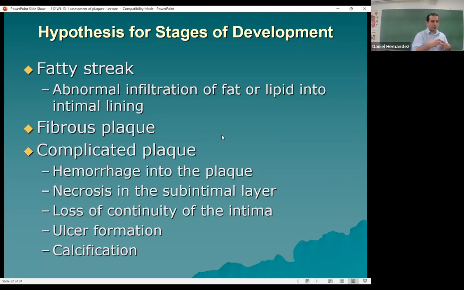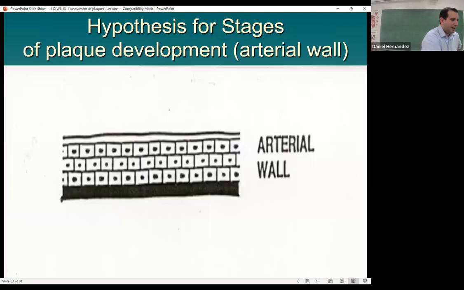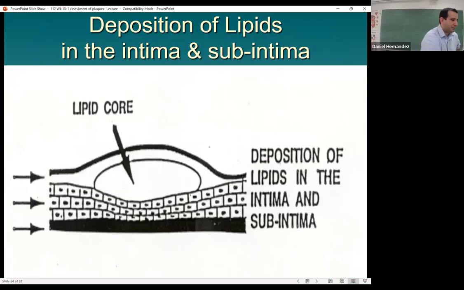As it starts to break down and become necrotic, you can get bleeding into that plaque. The vessel walls provide some vascularity into that plaque, and this could lead to ulcer formation within the plaque. It also leads to calcifications developing.